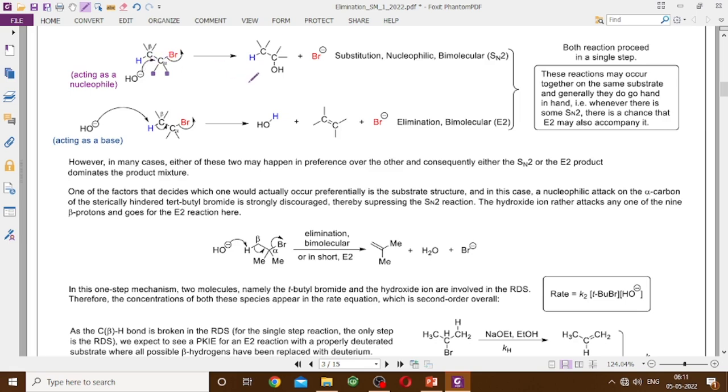nucleophilic attack will become unfavorable because এখানে স্টেরিক হিন্ড্রেন্স তৈরি হয়ে যাবে। এখানে যে ট্রানজিশন স্টেটটা থাকবে সেটা স্টেরিক্যালি হিন্ডার্ড হবে। You will see that SN2 reaction does not proceed on tertiary centers. On the other hand, যদি বিটা হাইড্রোজেনটাকে পিক অফ করতে হয়, তাহলে কিন্তু হাইড্রোক্সাইড, even if the center is tertiary, it can do this reaction very easily because এই সেন্টারে যেখানে ক্রাউডিং আছে সেই সেন্টারের কাছাকাছি ওকে আসতে হচ্ছে না, ও তার পাশের সেন্টার থেকে প্রোটনটাকে পিক অফ করে নিতে পারছে, কার্বনের উপর অ্যাটাক করার কোনো দরকার নেই.